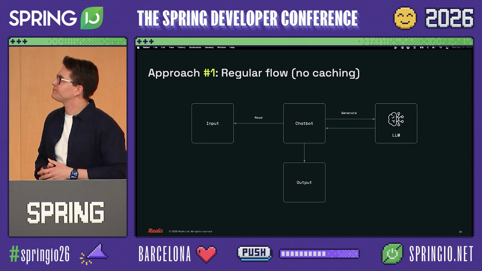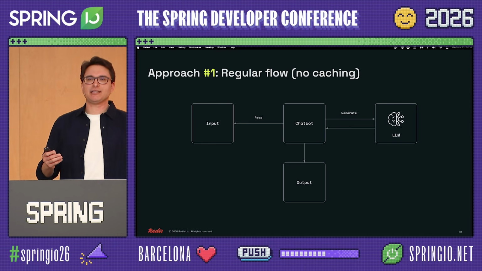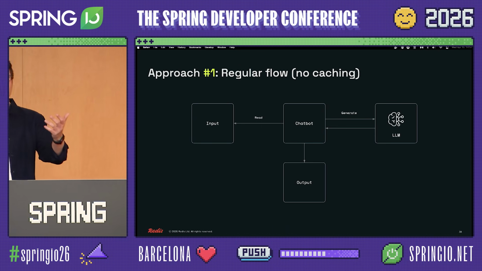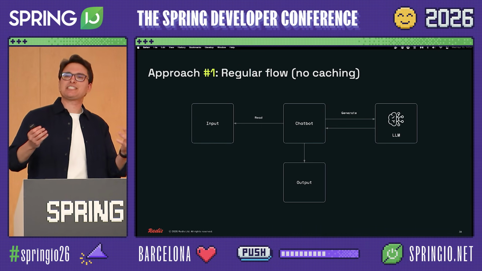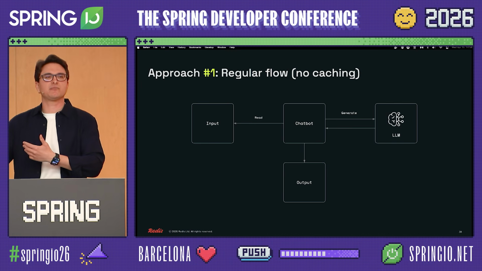All right? So basically, the idea here is that with every request that you make to your LLM, you're going to pay for tokens and you're going to wait for the time it takes to process, right? And sometimes people ask questions that are very similar to each other, or even the same person asks the same question multiple times.